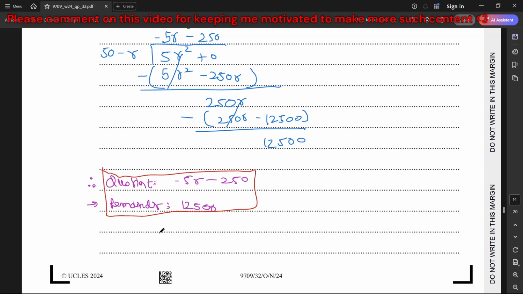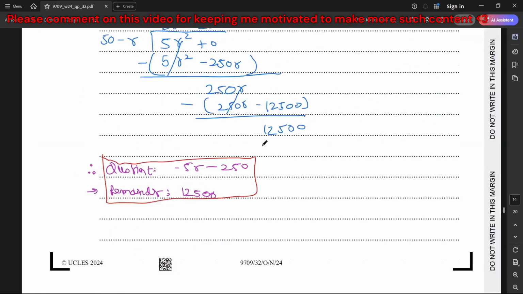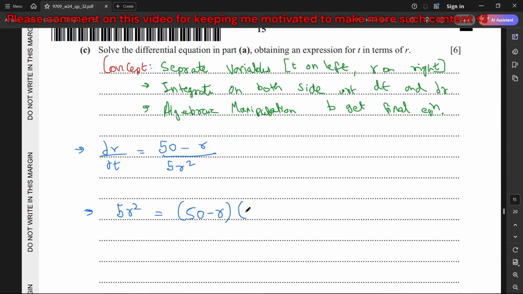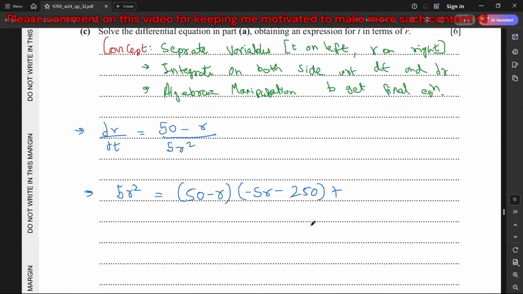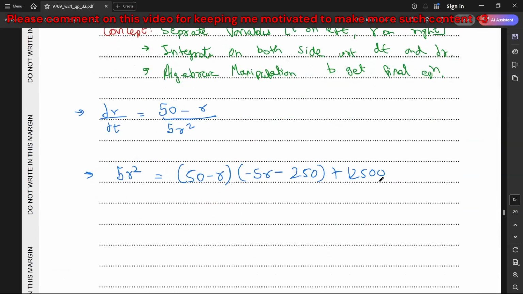So it basically indicates that I can write my 5r squared as (50 minus r) into (minus 5r minus 250) plus the remainder 12500. So from the concept of long division, I am just rearranging my 5r squared in terms of the divisor into the quotient plus the remainder. So that is what I'm going to get.